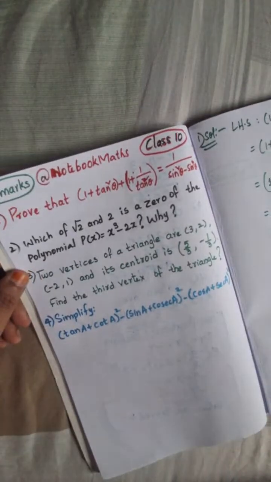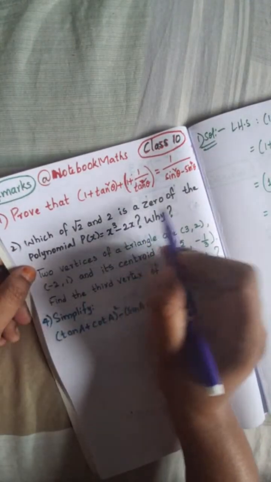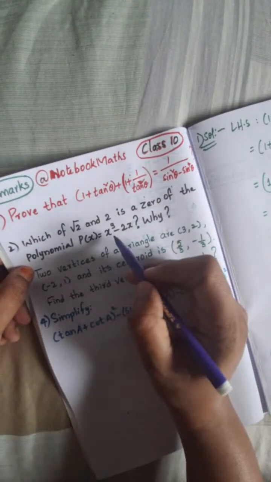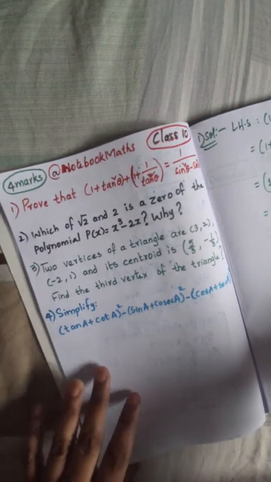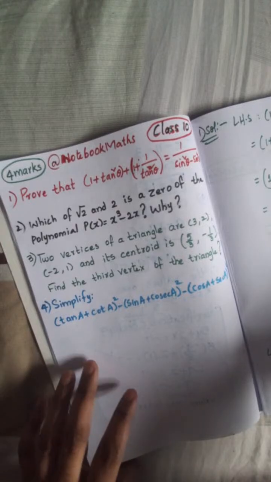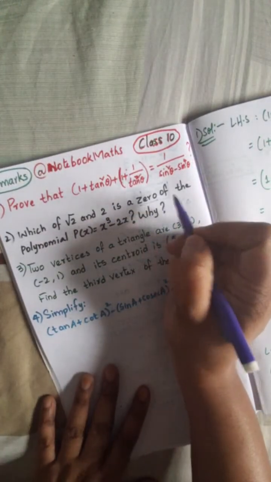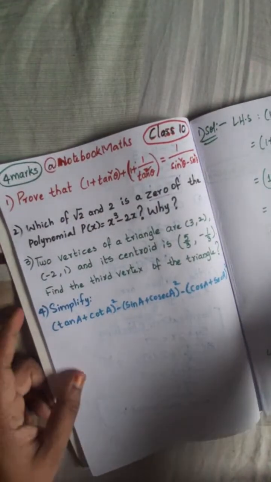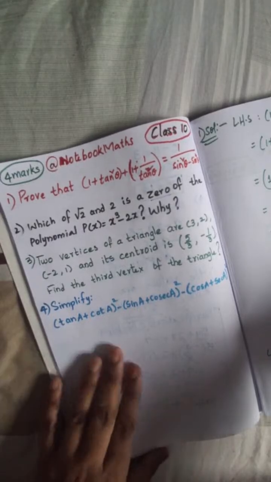Okay. Now next problem: which of root 2 and 2 is a zero of polynomial p of x? Two roots are given here. We have to prove which is a zero, and zero means root. That is the perfect root we have to prove, and the reason also we have to show.